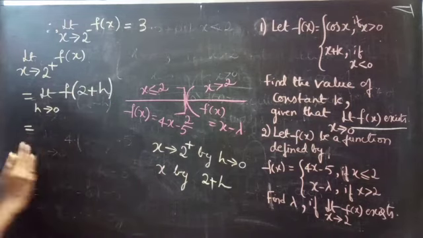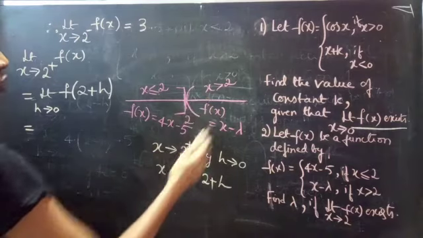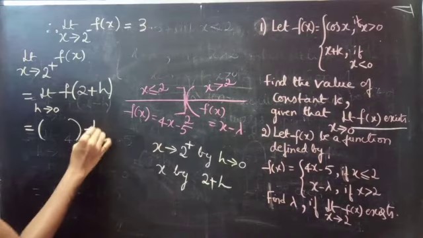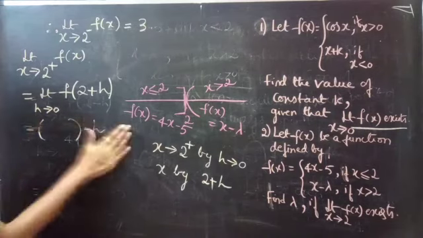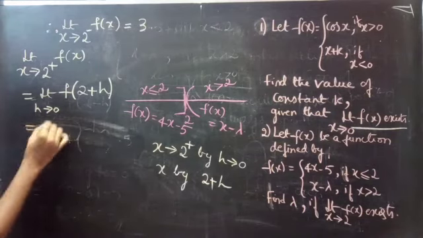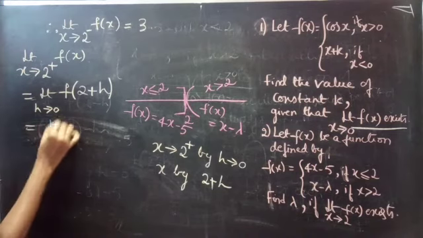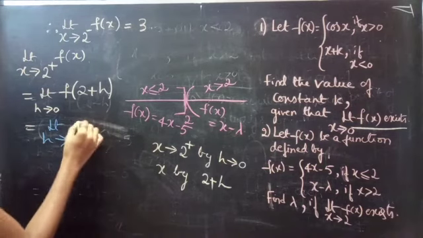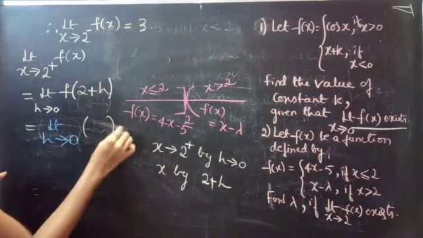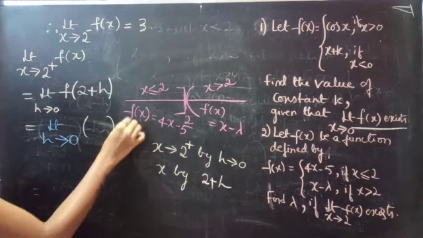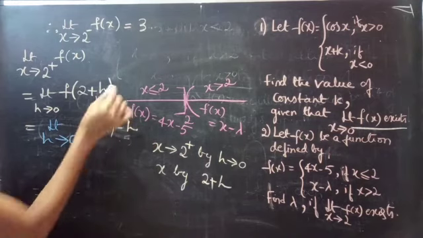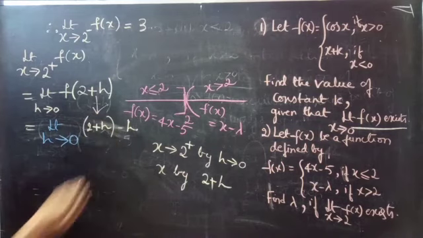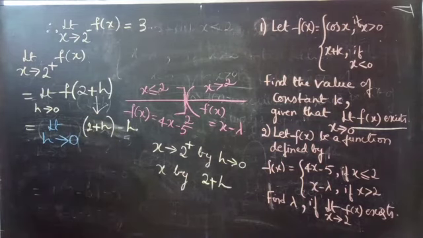So this equals, when x is greater than 2, we have f of x equals x minus lambda. So this equals limit h tends to 0, x minus lambda. In the place of x, we'll replace 2 plus h.